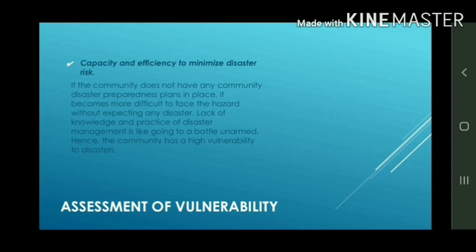Hence, the community has a high vulnerability to disaster. So it means to say that the community and the emergency response rescue operation of the government should cooperate with one another in order to develop capacity and efficiency to minimize disaster risk as much as possible.